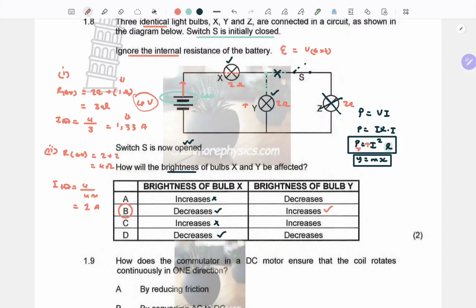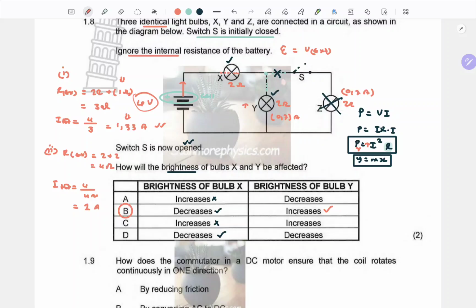But look at the split in the first case scenario. The split would have to then divide that 1.3 recurring by 2. When we do that, we would get 0.7 essentially. So rounded off to 1 decimal place, the initial split would be 0.7 and 0.7 amperes for each one of those two.